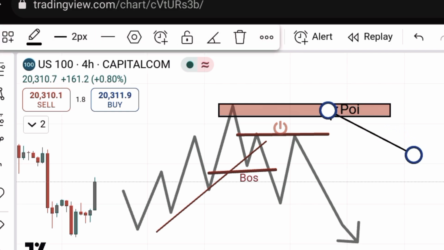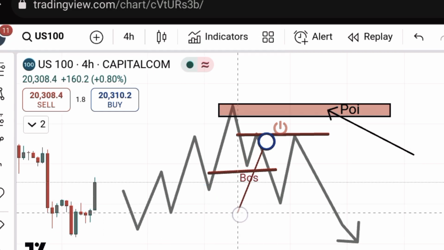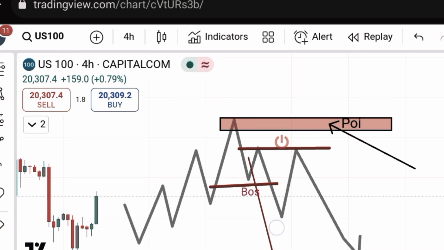If you check very well from this point right here to this high, it pushed to the upside and it left this zone. Then the market was trying to make another leg to the upside, it failed. There was no bullish pressure again to push the market up, and it came back down and broke this very structure that led to the first high. So the market came back and took out that structure.